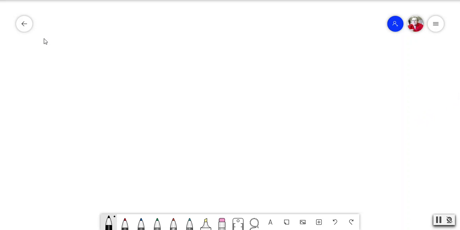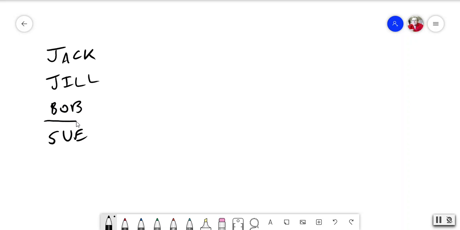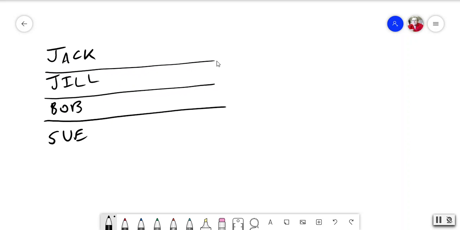Okay, we all have seen things like this where you would have some kind of a chart. Say Jack and Jill and Bob and Sue. You have a table. And maybe this table is their grades.